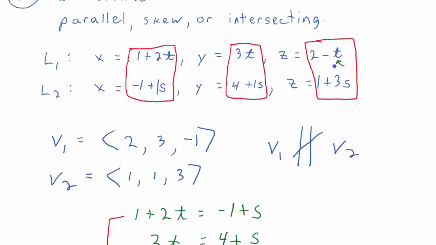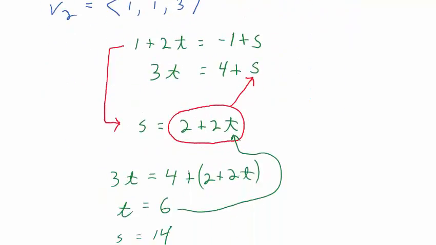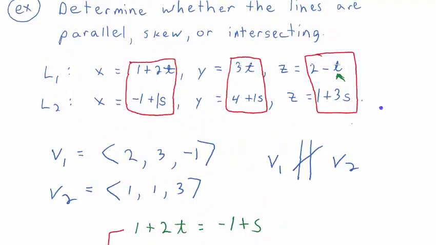If I plug in my t value here, remember my t value was 6. If I plug in 6 here and 14 for s, the values I got for t and s when I solved the system, I better get the same z value if in fact there is a point of intersection. In other words, these t and s values should produce that point of intersection if it exists.